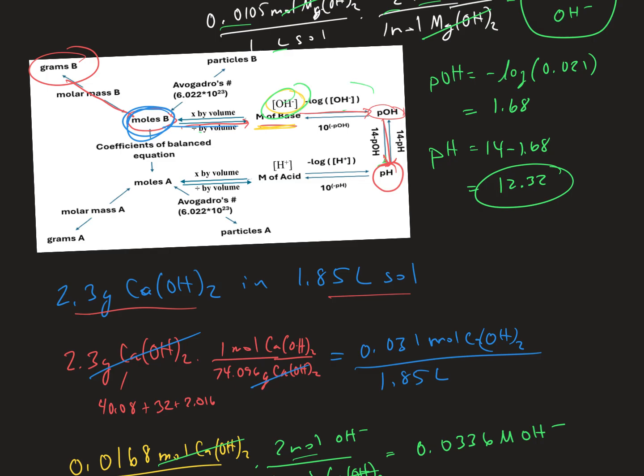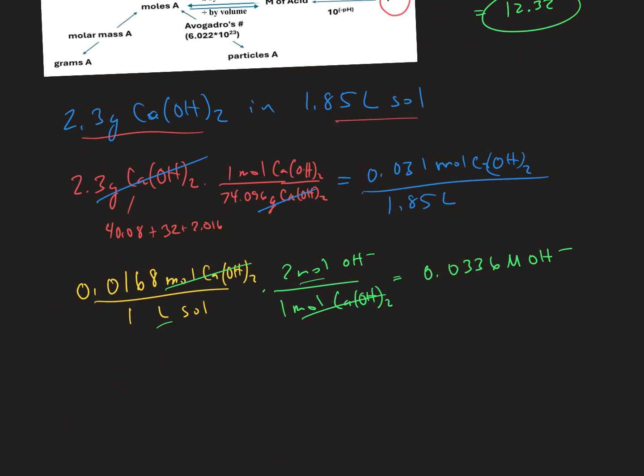Now we can do the negative log of the OH concentration. So pOH equals negative log of 0.0336, and that's a 1.47. You should always be getting a positive number for the pOH and the pH, always between 0 and 14, positive.